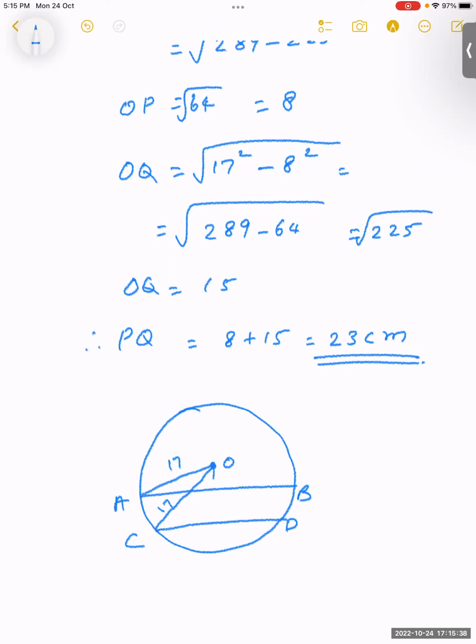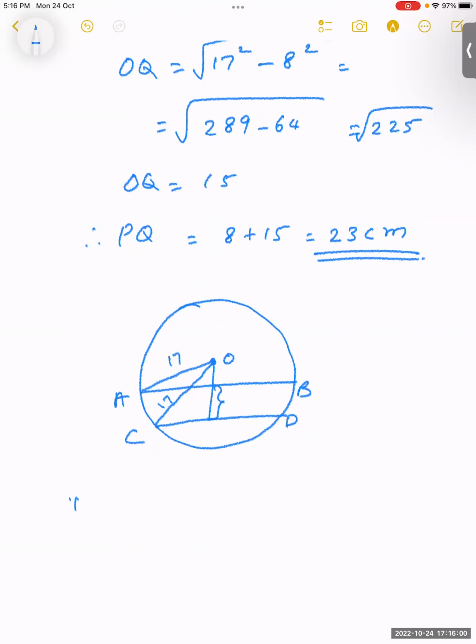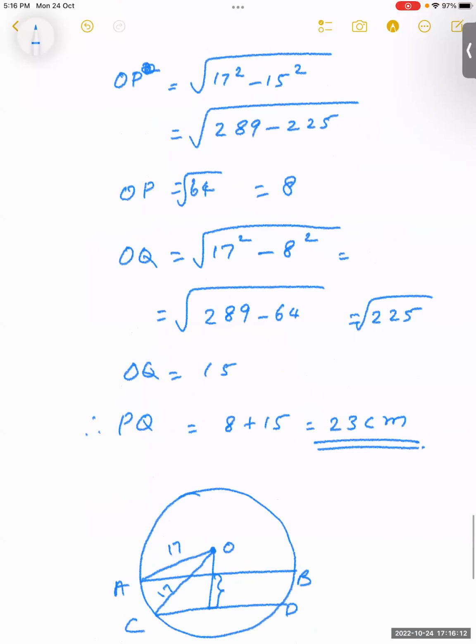Now, what you need to find out is, if it is on the same side of the circle, find the distance between the chords. What will be the distance between the chords? This is what you need to find out. The distance between the chords is going to be, let me make it as P and Q here itself.